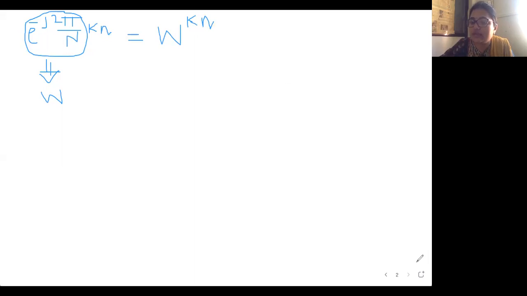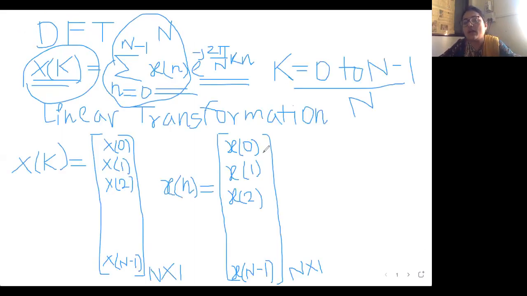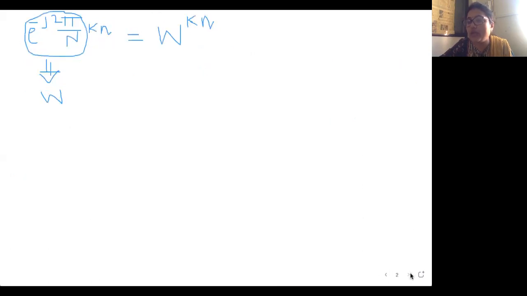We have extended this equation and written X of k and x of n separately. Now I am writing e raised to minus j 2 pi upon n into kn as W raised to kn, because I want to represent the entire equation in matrix form, in terms of a linear transformation.